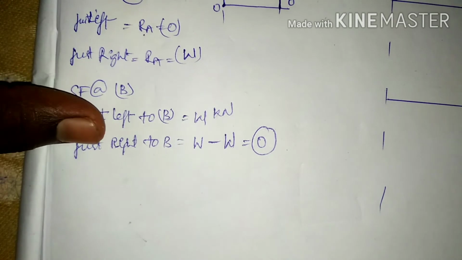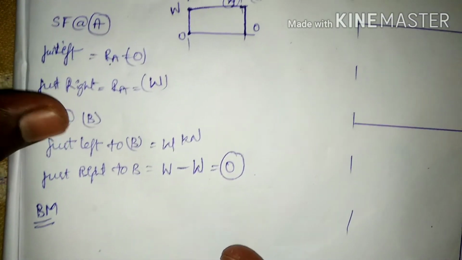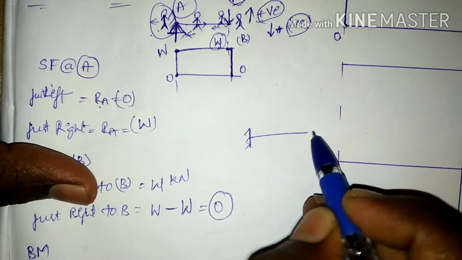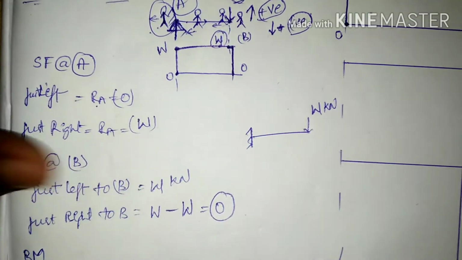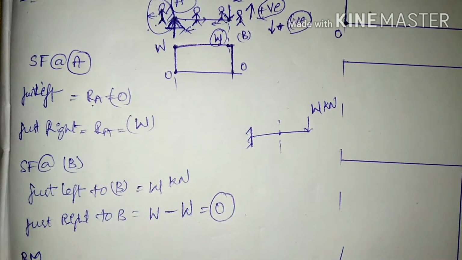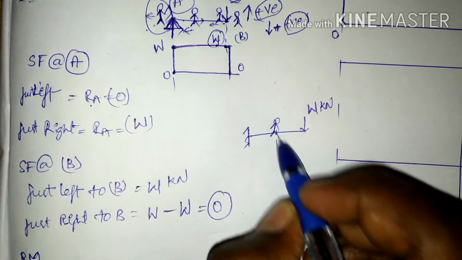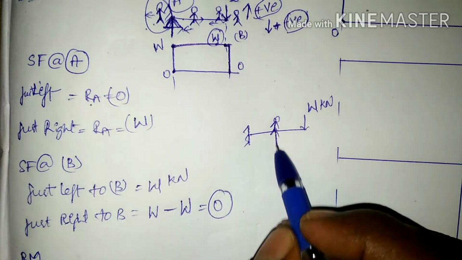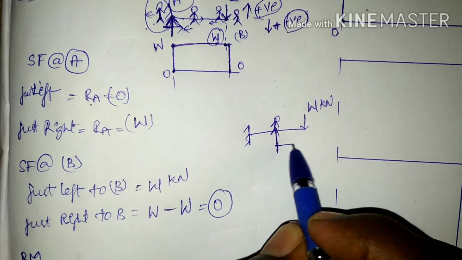And next, bending moment. Here this is a cantilever beam which is loaded with W kilonewton, and let us consider a section to take the moment. I am going to stand here and take the moment about it, from here to here.